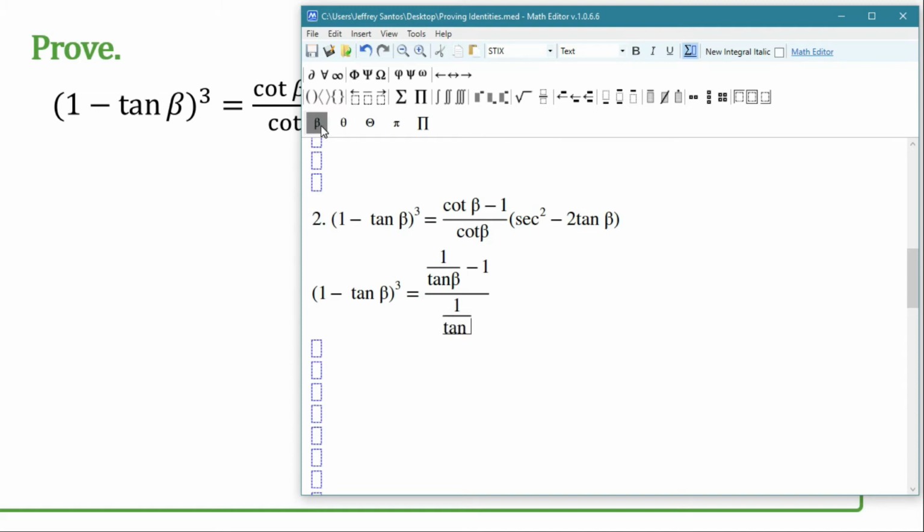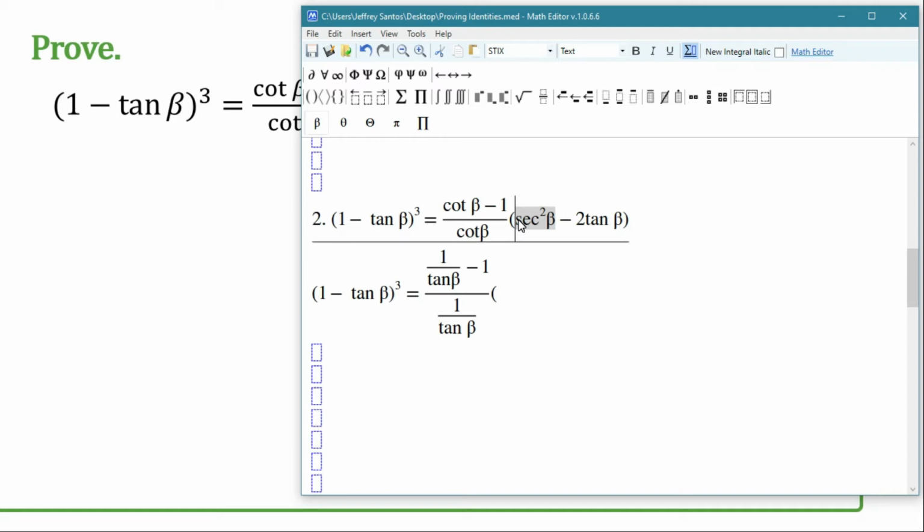Again, ginamit natin yung fundamental identity, multiplied by. So, ano pa kaya yung pwede nating lagyan ng identity? Pwede kaya si tan or si secant squared beta. Using the Pythagorean identity, secant squared beta can actually be represented as what?